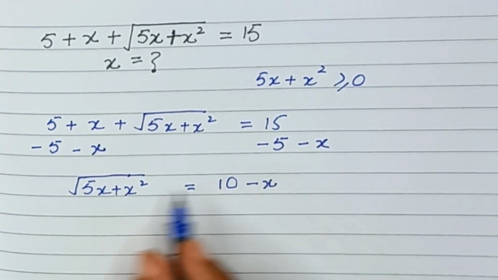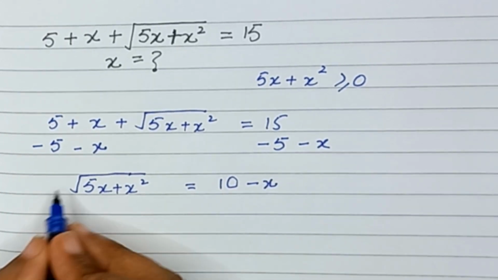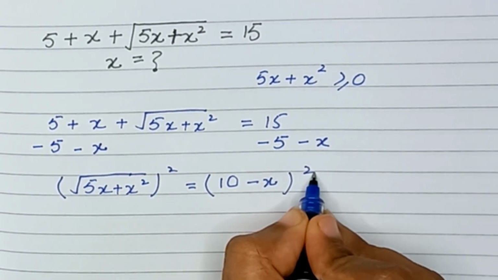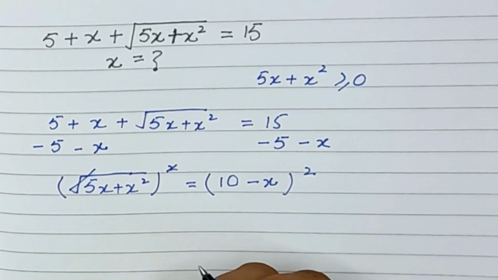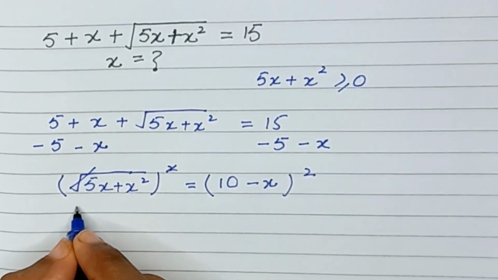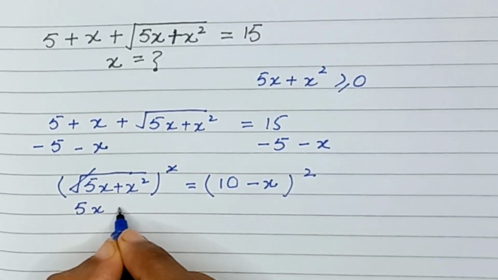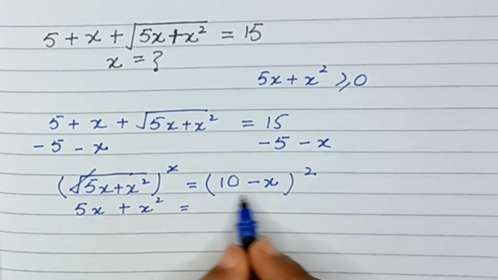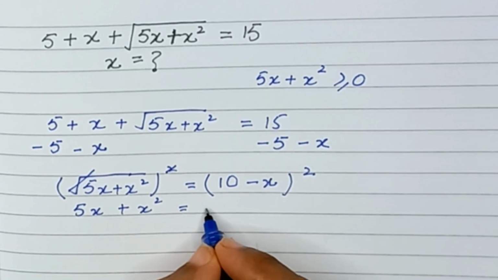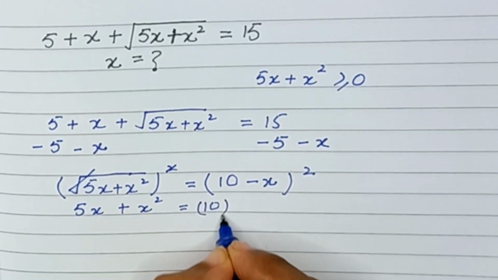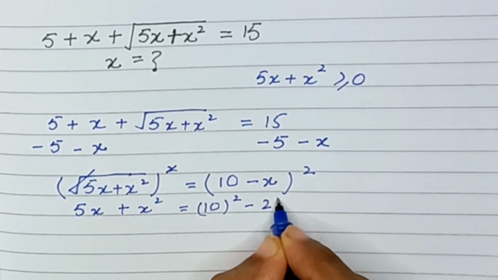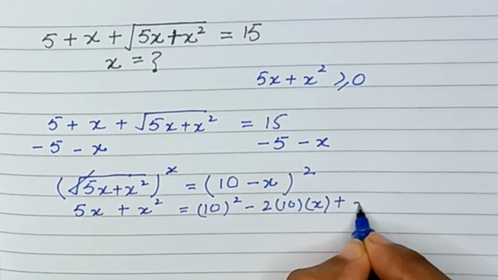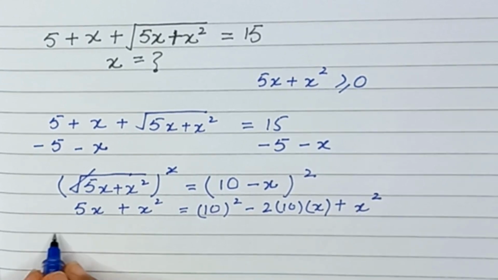So from here, to remove the radical sign, we will take the square on both sides. The square and the square root will cancel out, and we are left with 5x plus x square, which is equal to, since it is the form of (a minus b) whole square, a square minus 2ab plus b square, where b is x.